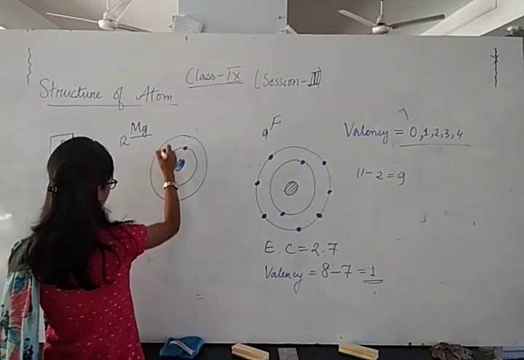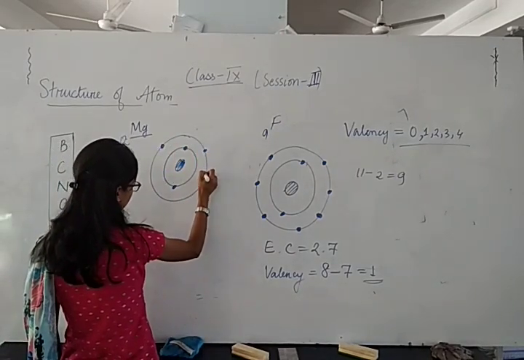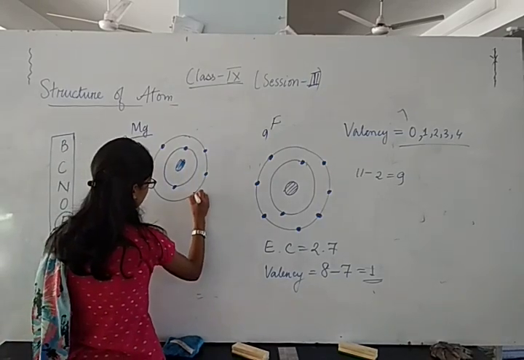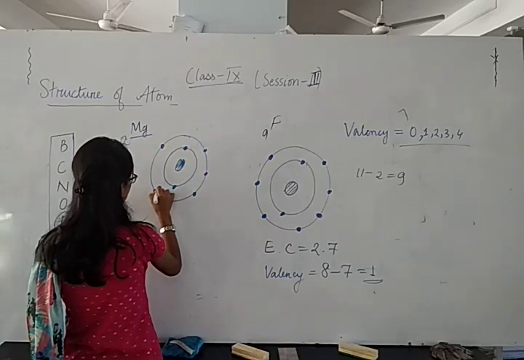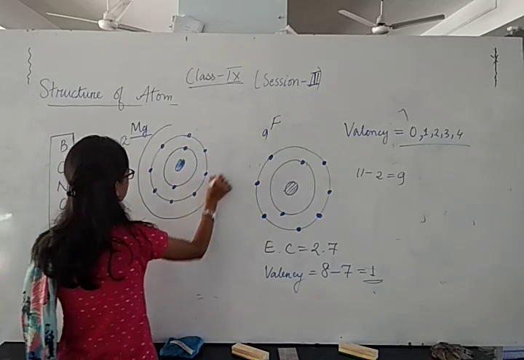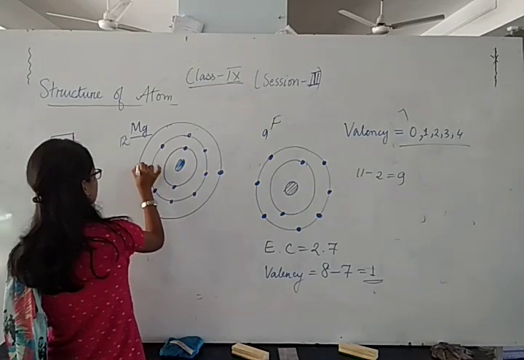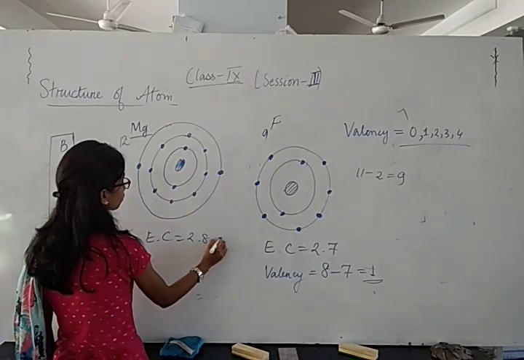Then the second orbit, that is the L shell, will always contain 8 electrons. 2 plus 8 is equal to 10, and the remaining 2 electrons we have to accommodate in the outermost shell. The electronic configuration will be equal to 2, 8, 2.